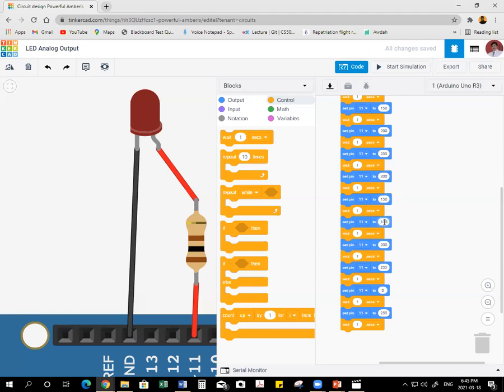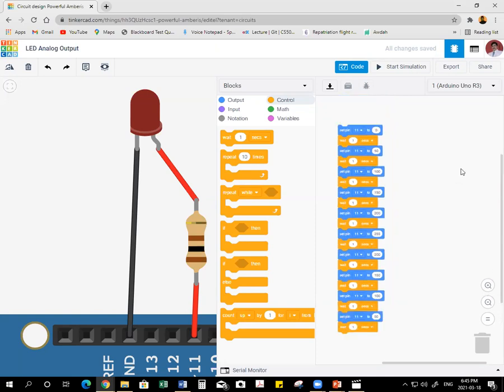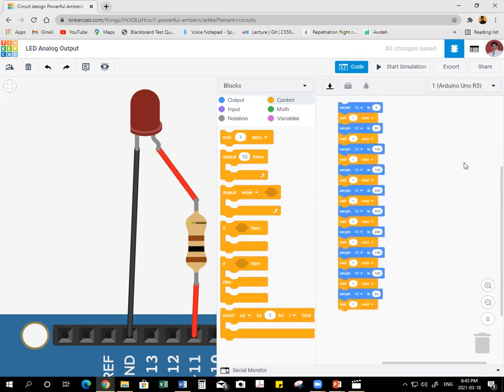Next 100 and 50, and the remaining you can remove. This is set. So start code 0, 50, 100, 150, 200 and 255. Again 200, 150, 100 and 50. Again 0, it is coming. Okay, this is the previous one.